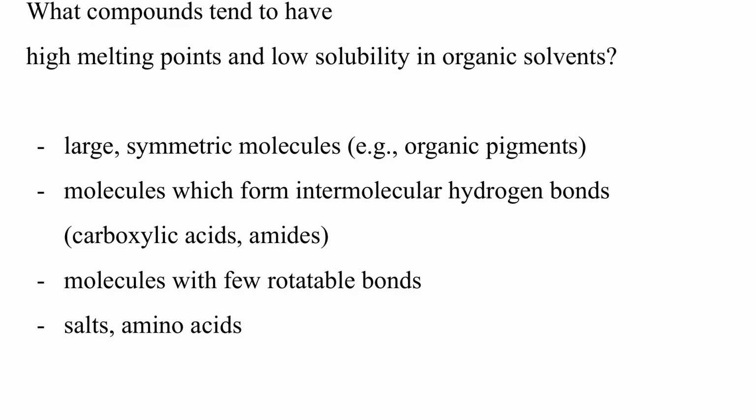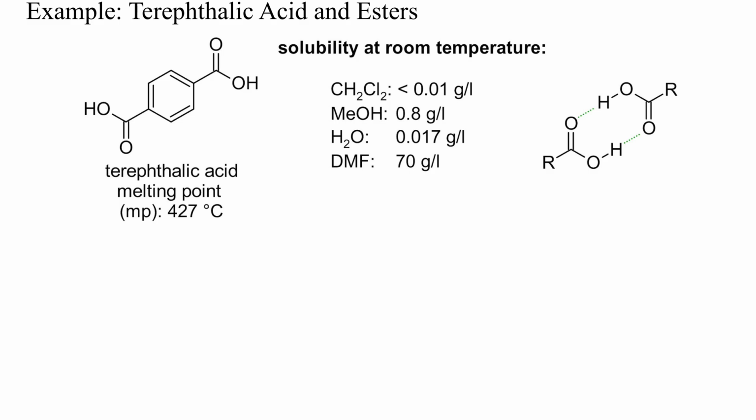The number of freely rotatable bonds often correlates positively with solubility. And salts or amino acids are difficult to dissolve in apolar organic solvents. Terephthalic acid, for instance, melts at 427 degrees Celsius, much higher than benzoic acid, which melts at 122 degrees Celsius.